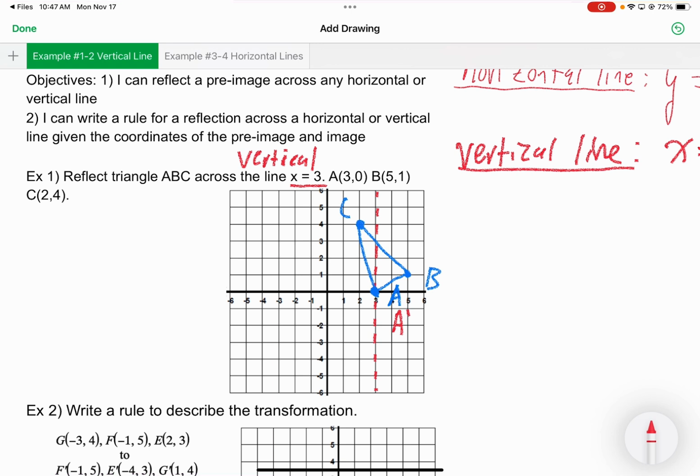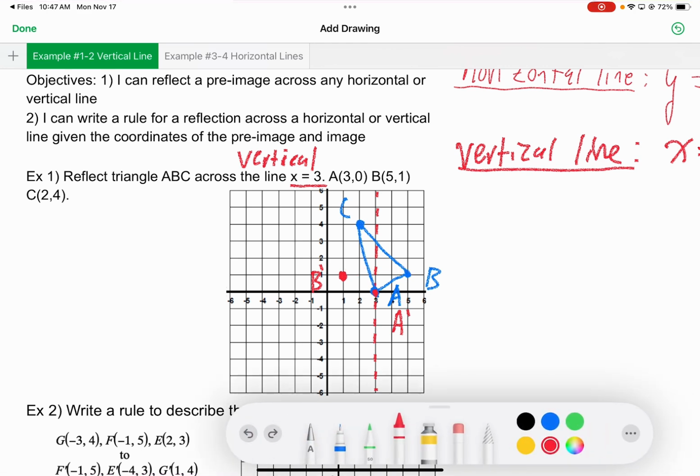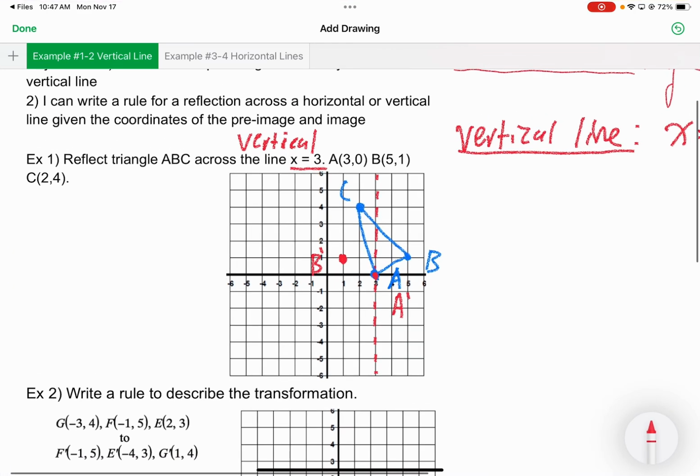Where's it going to be at? 1, 1. It would end up right there. That's going to be B prime. I know that because B is 2 away from that line, so it's going to go 2 in the opposite direction. What about C? Where's that going? 4, 4. So right here is C prime, and then here's my triangle.